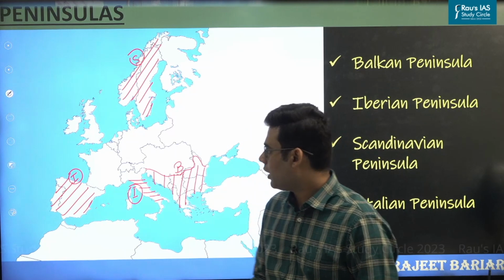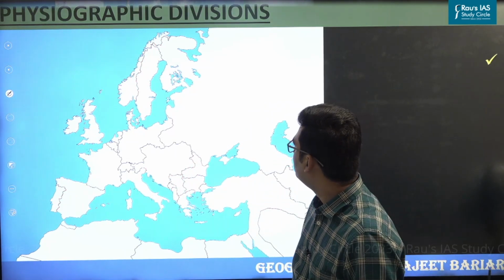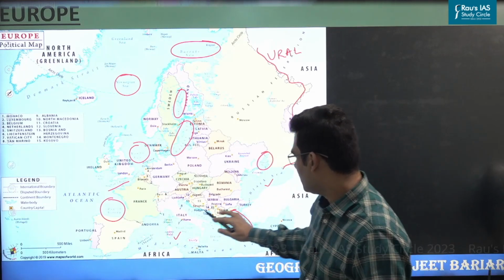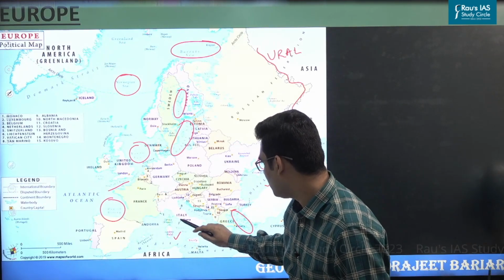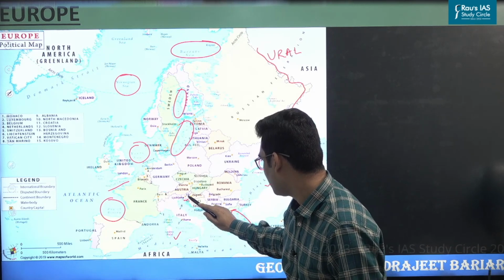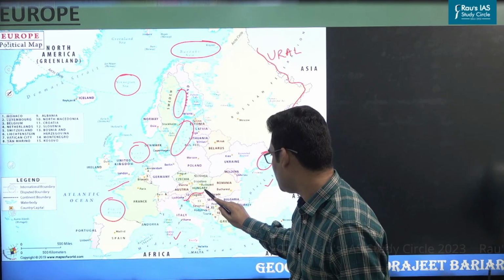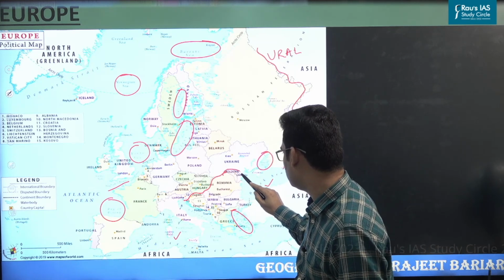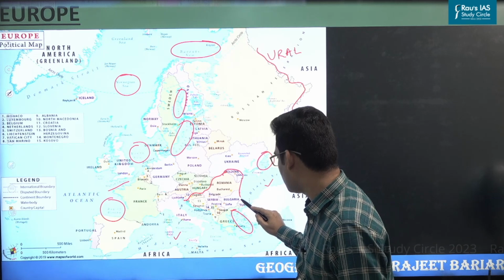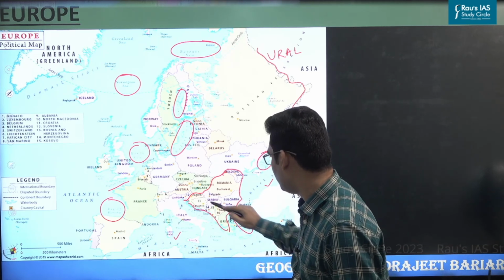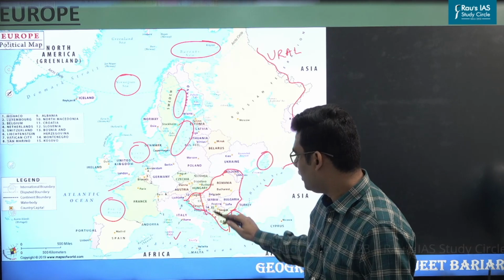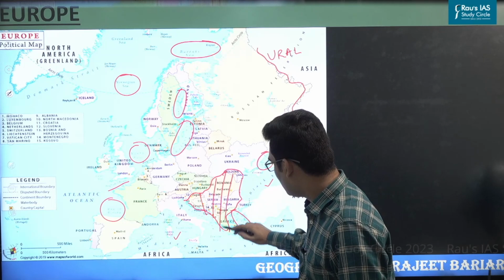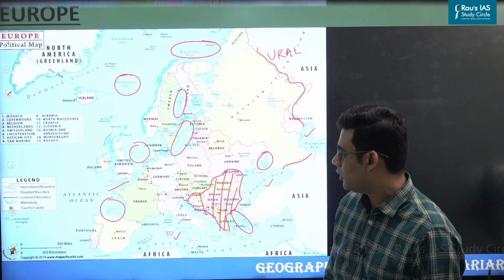Now taking a look at these peninsulas in the political map. This peninsula covers from Croatia and moves towards Romania, Moldova, and this whole section, including Serbia, Bulgaria, and the parts of erstwhile Yugoslavia, all becomes the Balkan Peninsula for us.